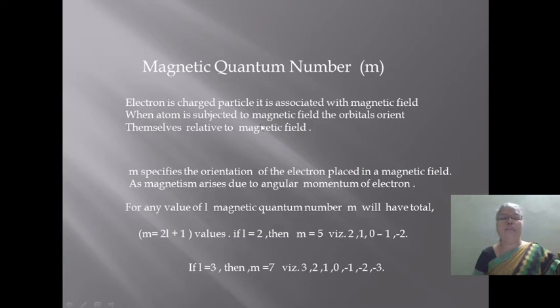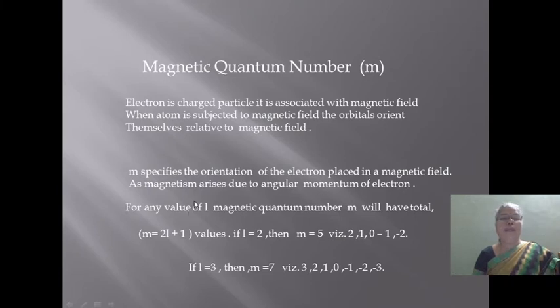When atom is subjected to magnetic field, the orbitals orientate themselves relative to magnetic field, and the magnetic quantum number specifies the orientation of the electron placed in a magnetic field, as magnetism arises due to angular momentum of the electron.